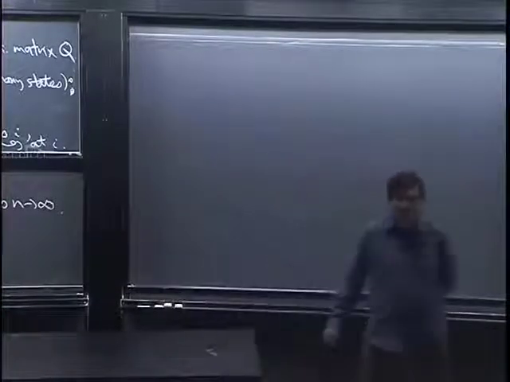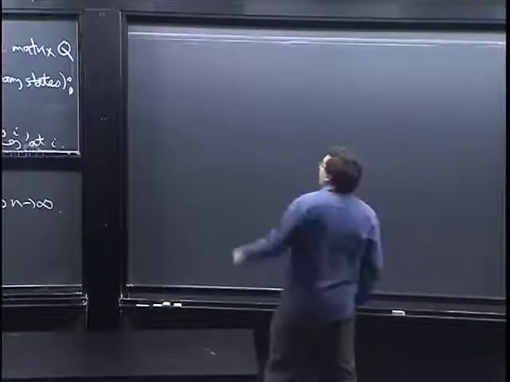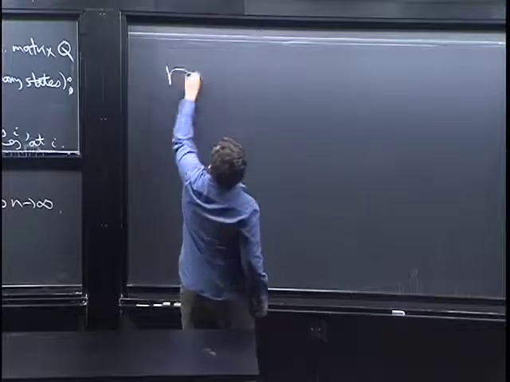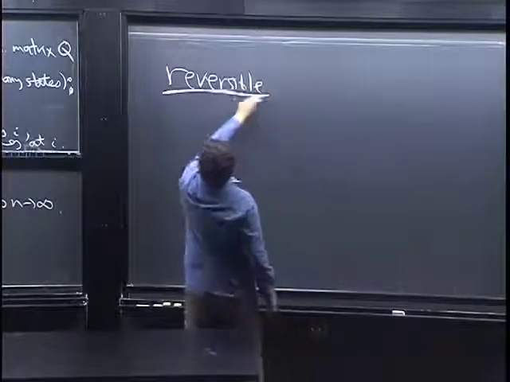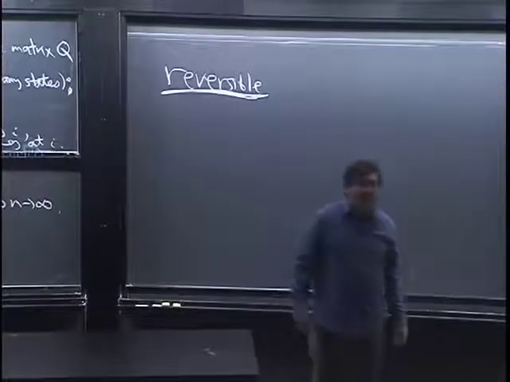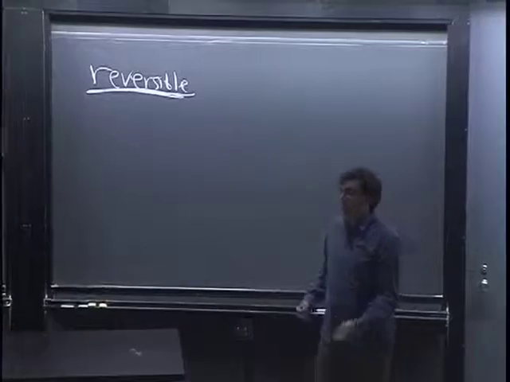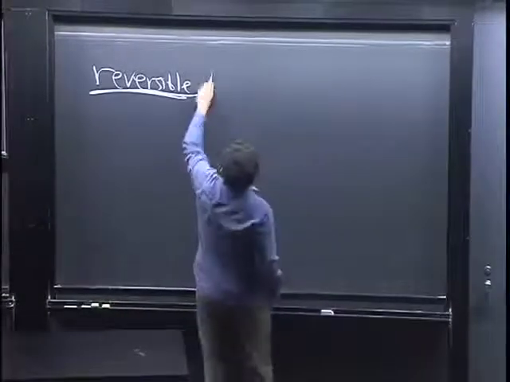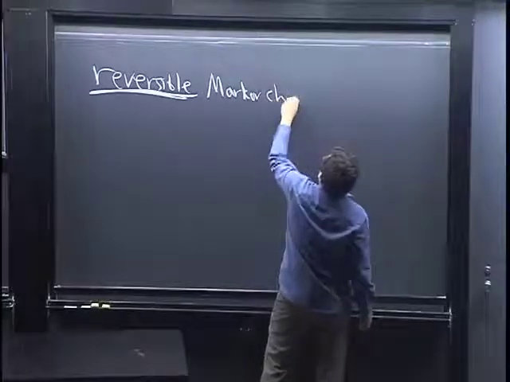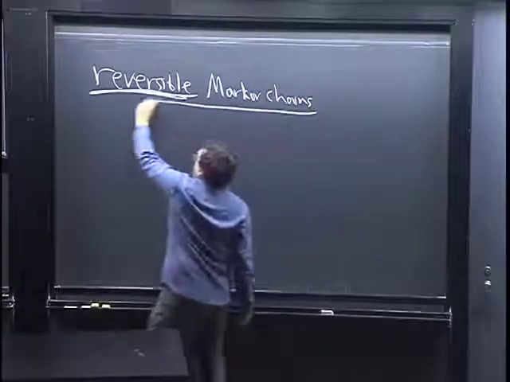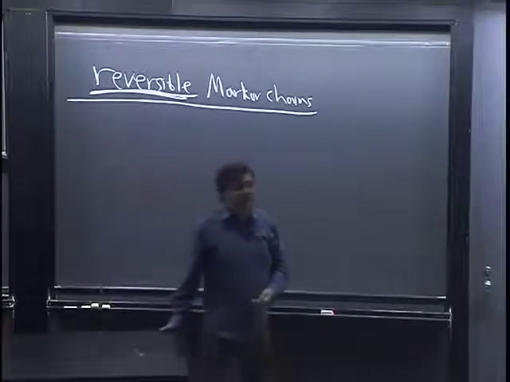So I like that more. That type of chain is called reversible. I'll tell you what that word means, and then I'll show you how we find the stationary distribution in the case of a reversible Markov chain. Reversible chains, in general, are much nicer and easier to work with than non-reversible chains.